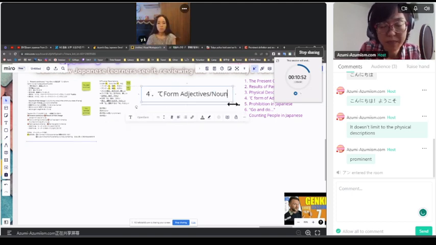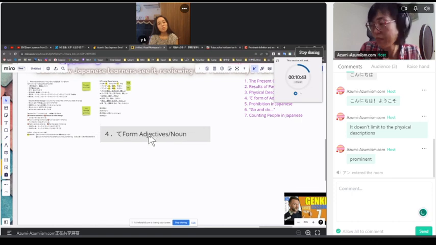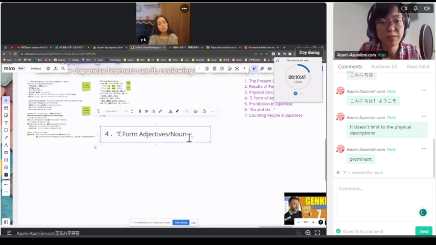One thing that Genki points out, and I always like to point this out, is they tried to tell you that ii, good, is an exception or an irregular. It's not. The original form of the word ii, which is good, is yoi. That's the real word, good.